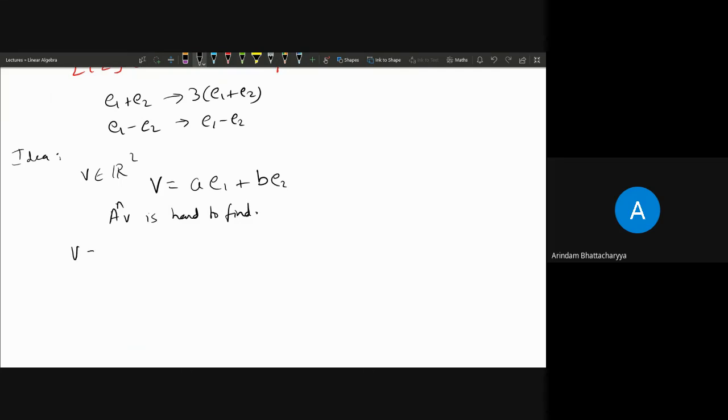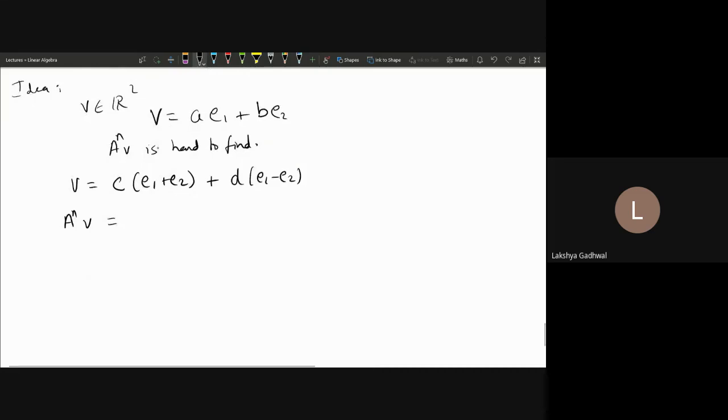But suppose V was rather some combination of these two things, then can someone tell me what this looks like? C times 3 to the power n. Yes, 3 to the power n times C1 times (E1 plus E2) plus C2 times (E1 minus E2). So the thing is, which basis we pick actually matters.